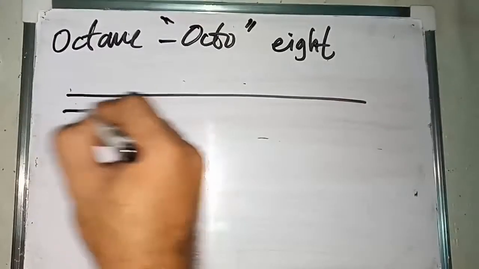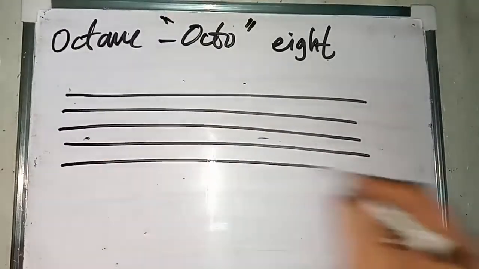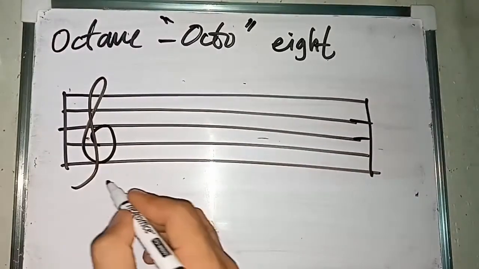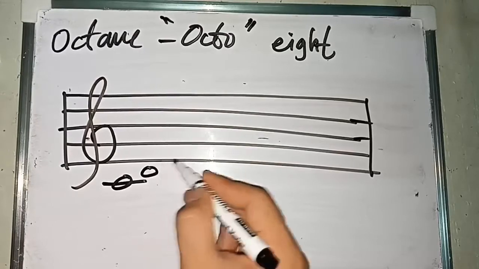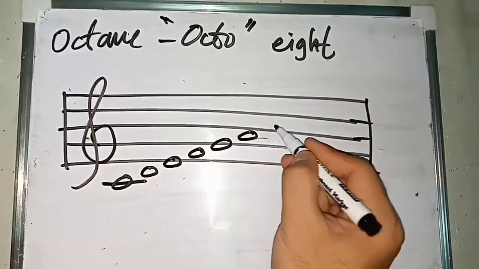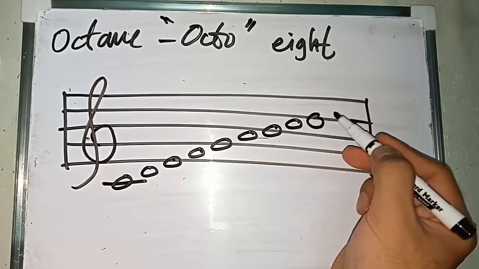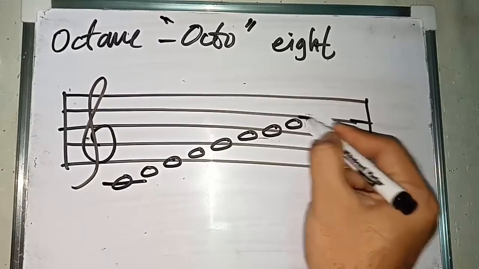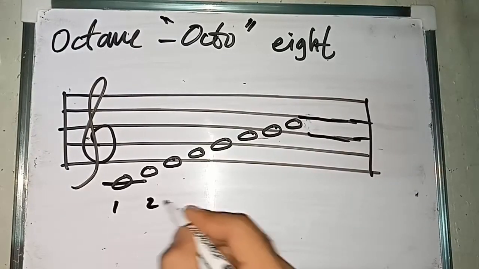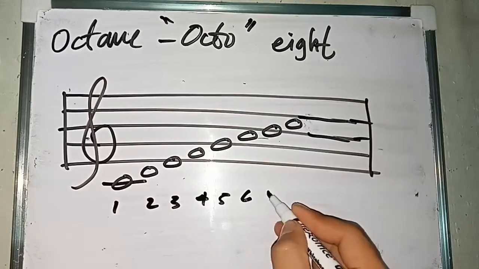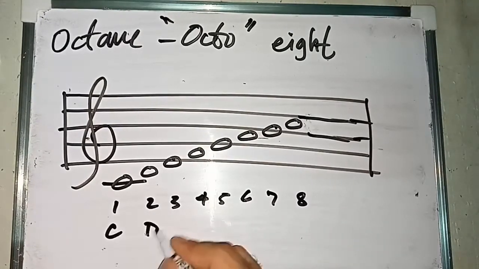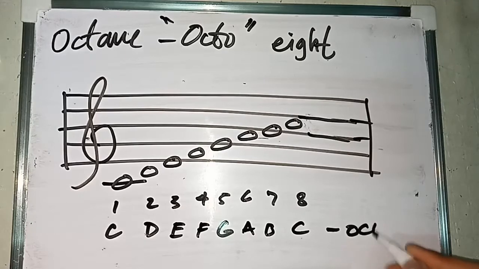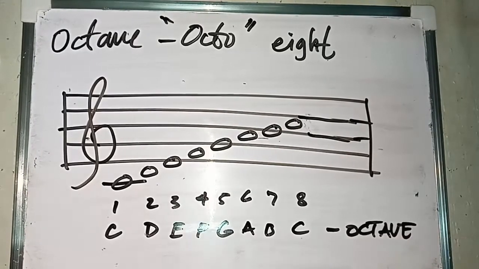So for example, we have here the C, D, E, F, G, A, B, C. So we have here 1, 2, 3, 4, 5, 6, 7, 8. So this is an octave. Means 8 notes.